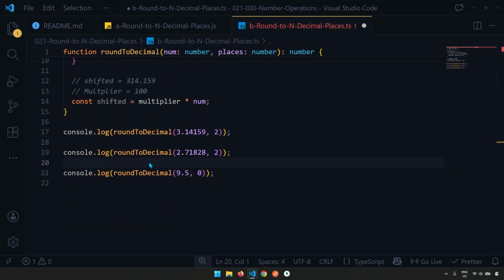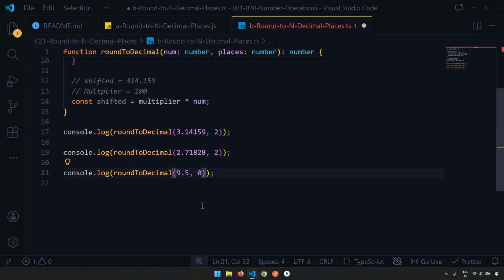For the second test, we have 2.71828. I want to round it by 2 decimal places. That means 2.71, but that's not the result. We need to take a look at what comes next. I need to zoom this in even further.